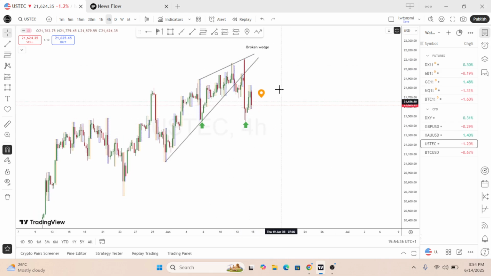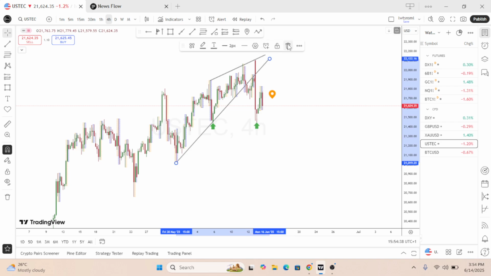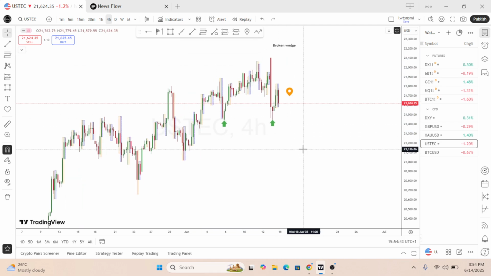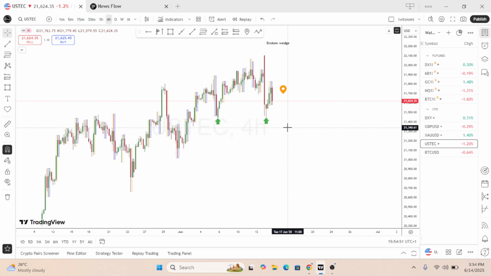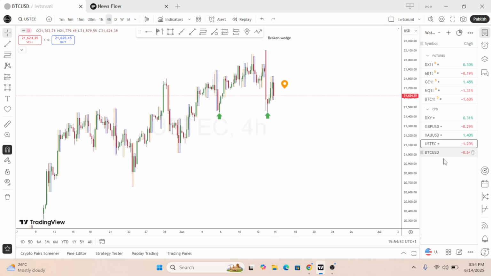So we broke out of the wedge. There might be expectation of lower prices because of a possible risk-off scenario because of the rising geopolitical tension in the East. But that is something we just have to track, the fact that there's this equal lows here.